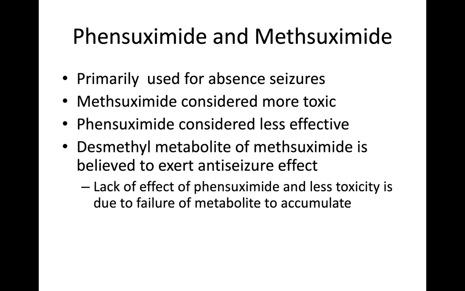What happens with methsuximide is that it's broken down, and a metabolite is produced, and it's the metabolite of methsuximide that is believed to actually produce its anti-seizure effect. The fensuximide doesn't get this metabolite, and it doesn't allow it to accumulate. So therefore, that is why they think the fensuximide is probably less effective and also less toxic.